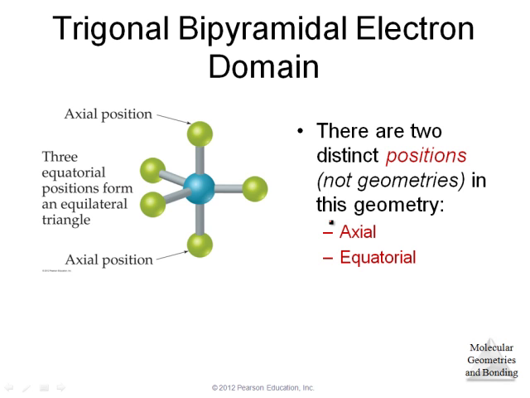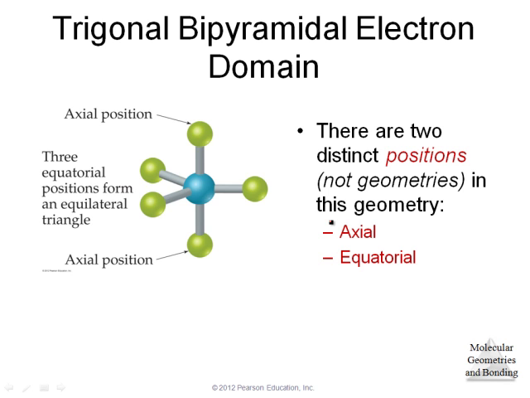Now in here there are 2 distinct positions in trigonal bipyramidal geometry. One is called the axial position, the other is called the equatorial position, just like on Earth we have an axis and an equator. This is the trigonal bipyramidal electron domain. As you can see, on the central atom there are 5 electron sets.